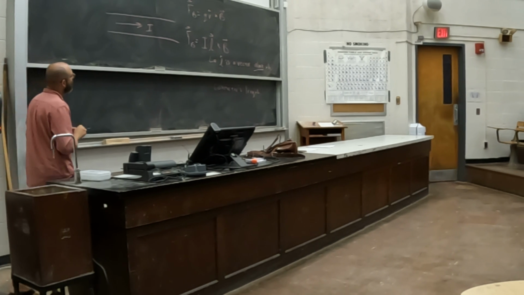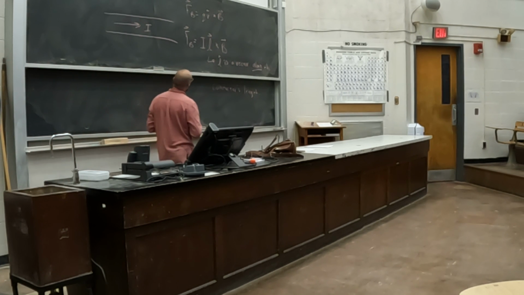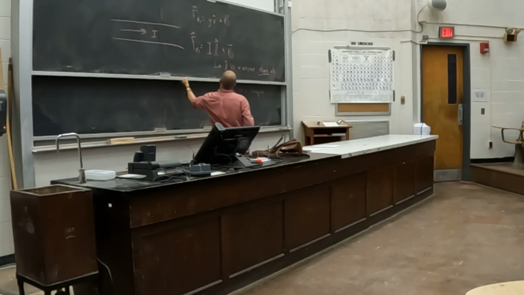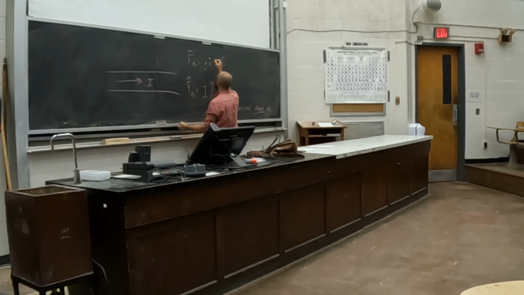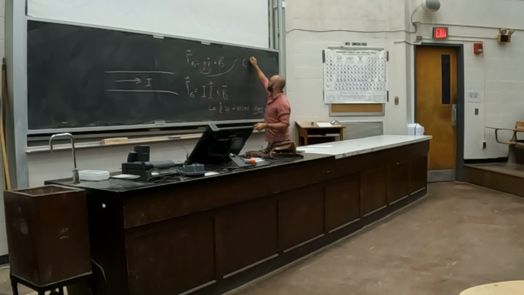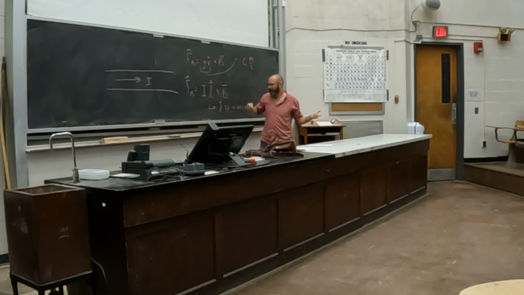You can kind of see what's going on from the units here. If I look at these units, I got a coulomb from the charge and a meter per second from the velocity, right?